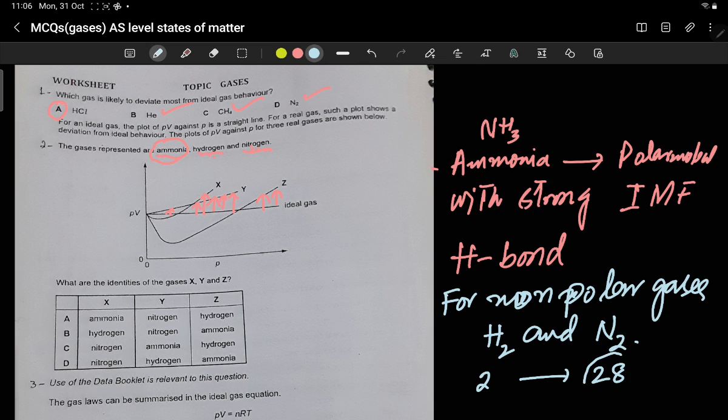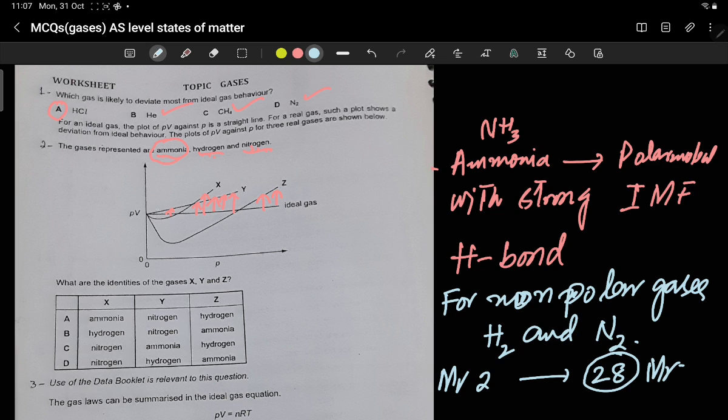So nitrogen has higher Mr, and higher Mr shows more deviation, so nitrogen deviates more than hydrogen.